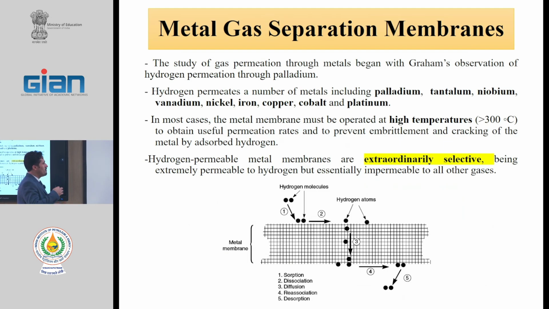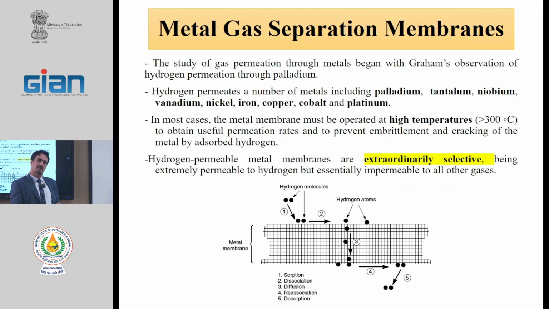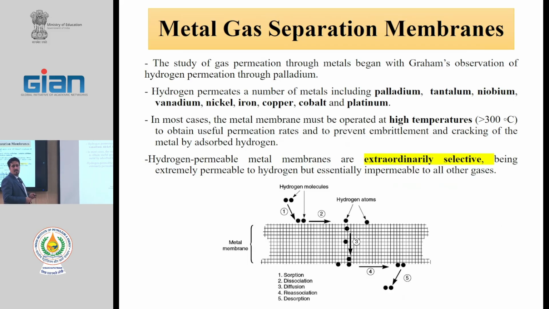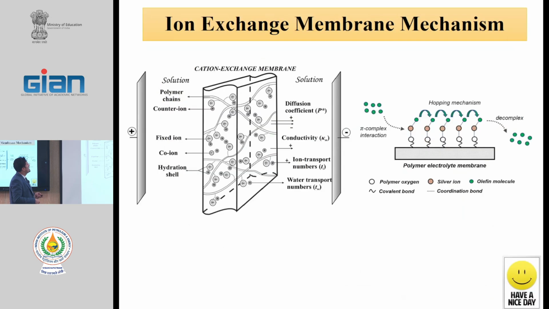In the petrochemical process, methane changes to carbon monoxide and hydrogen, and the hydrogen should be separated from the monoxide for production of ammonia. This membrane is mostly used in this industry and has extraordinary selectivity because only hydrogen gas can pass through these membranes.